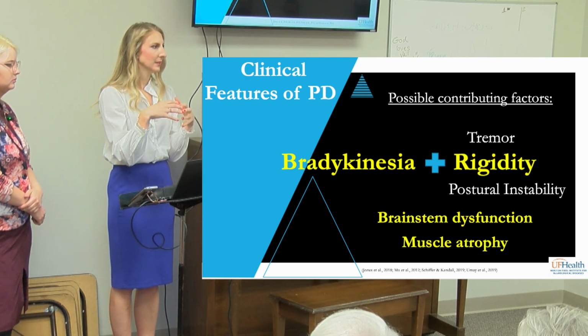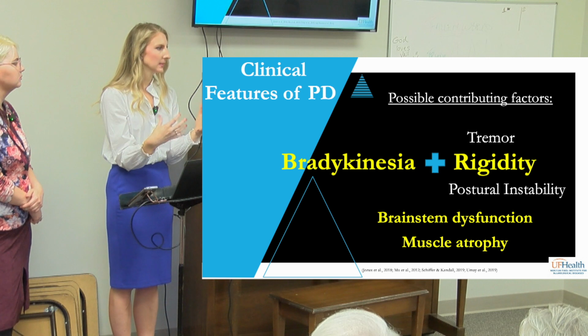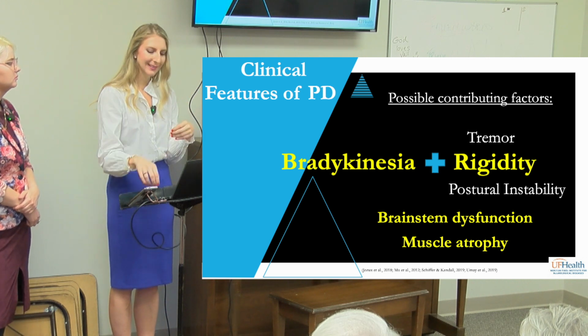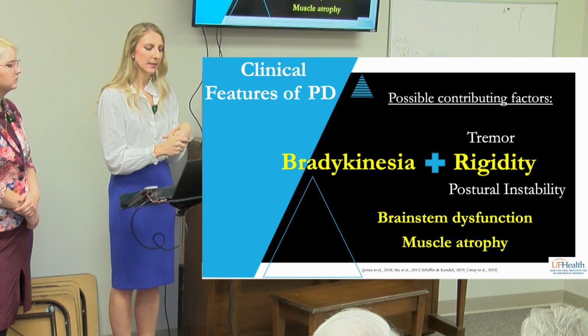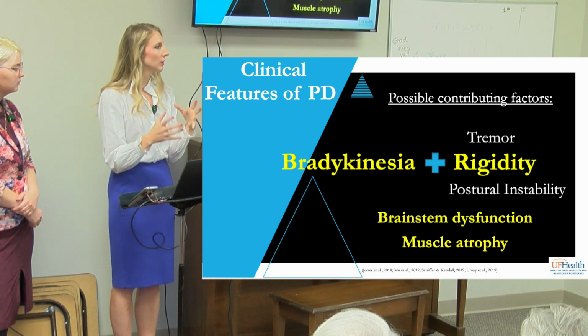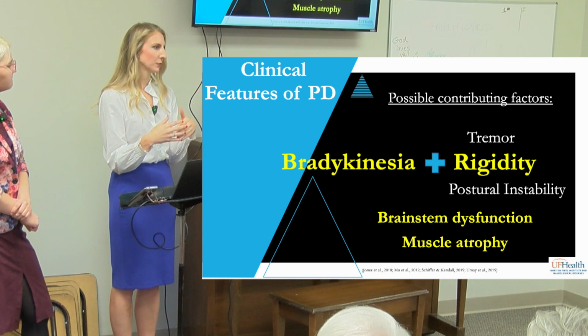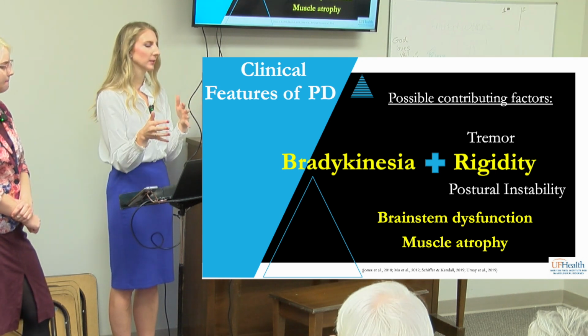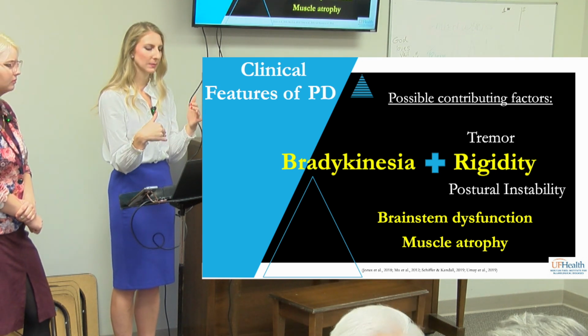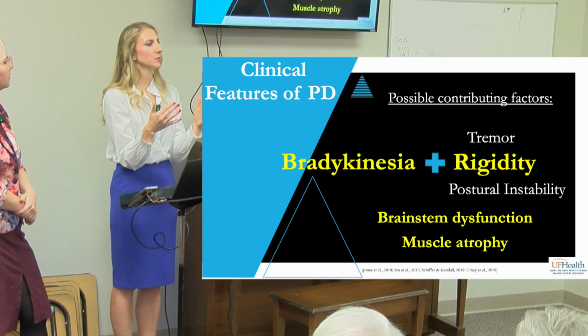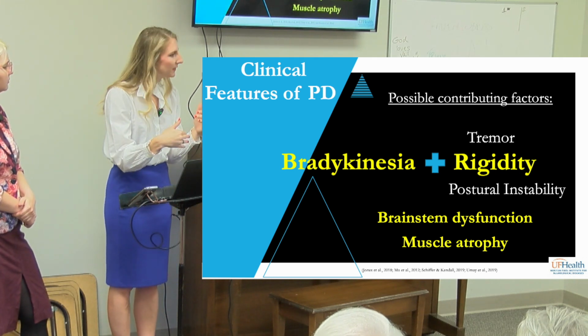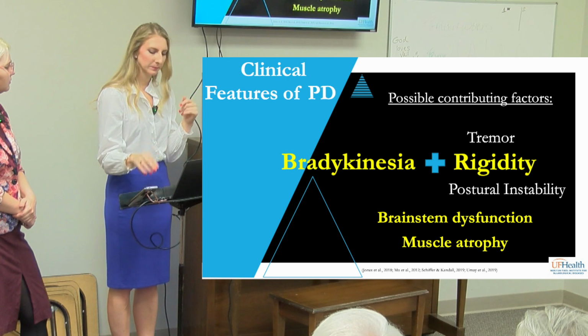When you think about it impacting muscles, as Parkinson's disease does, we use so many muscles for swallowing. But there's also some theories that brainstem dysfunction, your swallowing centers are in your brainstem, and some muscle atrophy can play a role. And then we also know that there's age-related changes to the swallowing mechanism. So sometimes when you have those age-related changes with something else on top of it, then there's a bigger impact.